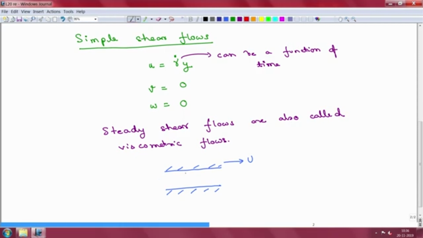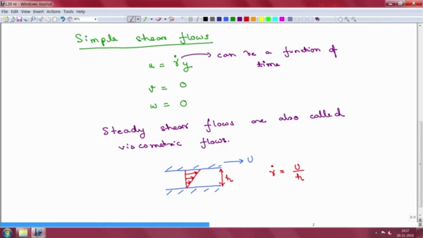So, this top plate is being dragged at a constant velocity. In that case, the flow here will look like this in a laminar flow case. If the gap is a height h, then gamma dot in this particular case is given by U over h for a steady flow system.